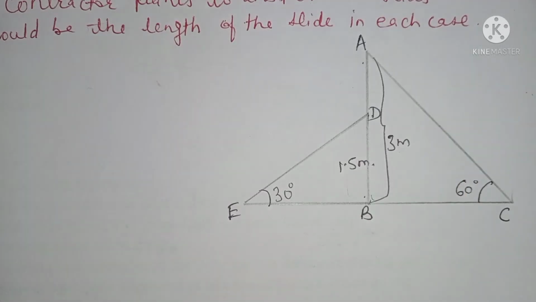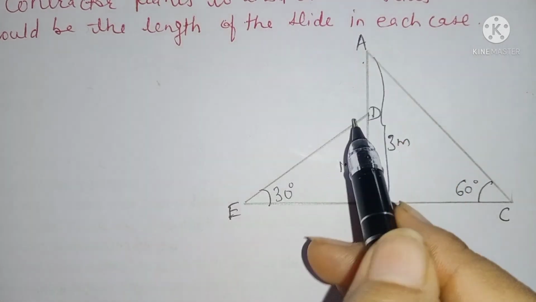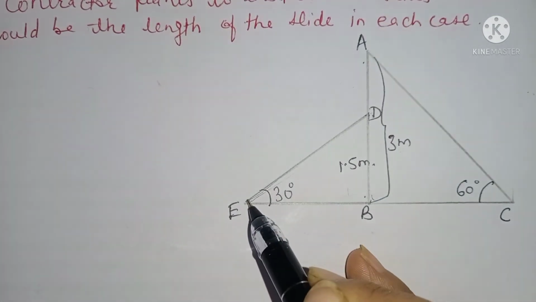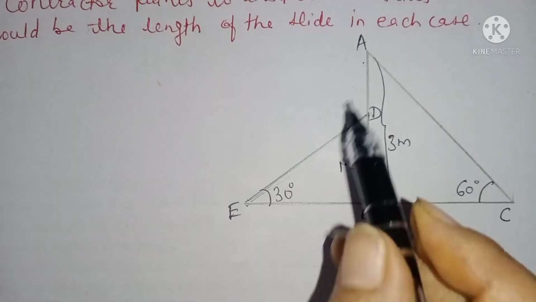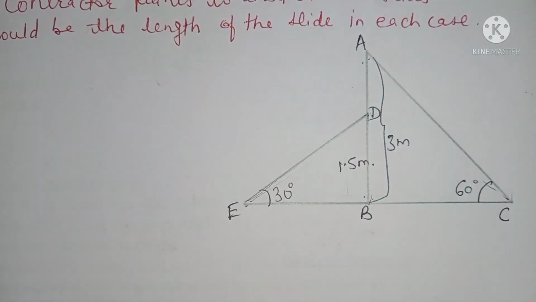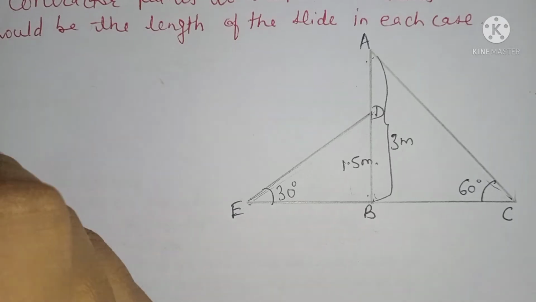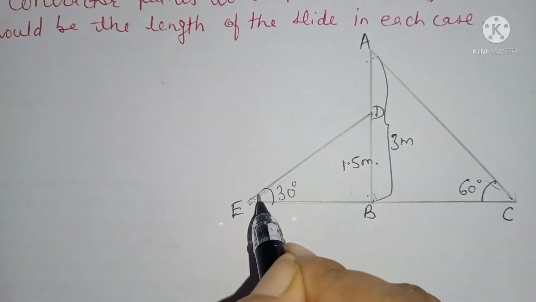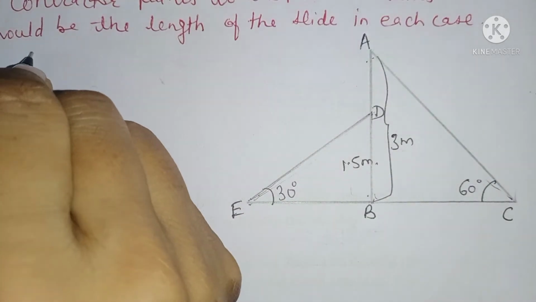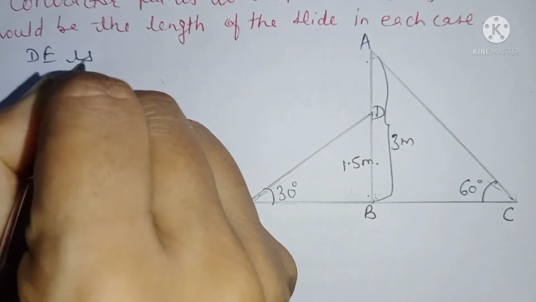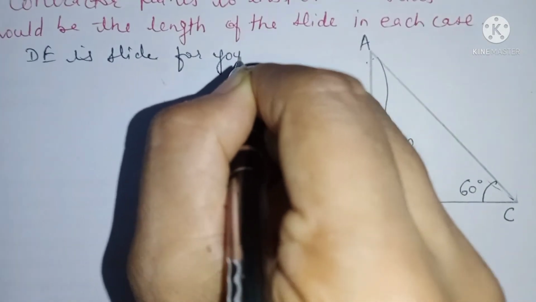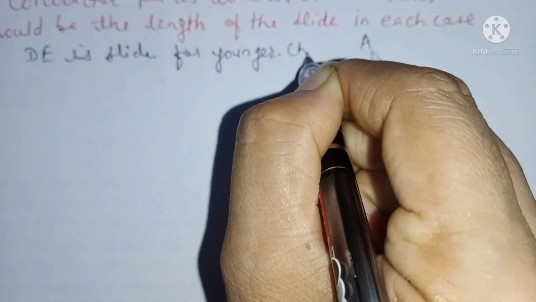In both the slides we have to find the length of the slide. Where is the slide? This is the position of the slide, from here you will slide, sitting on this you will play. So you have to find out DE also and you have to find out AC also for both the slides. I hope you must have understood the diagram. Now first of all in the figure, this DE is the slide for younger children. Okay, so here DE is the slide for younger children.